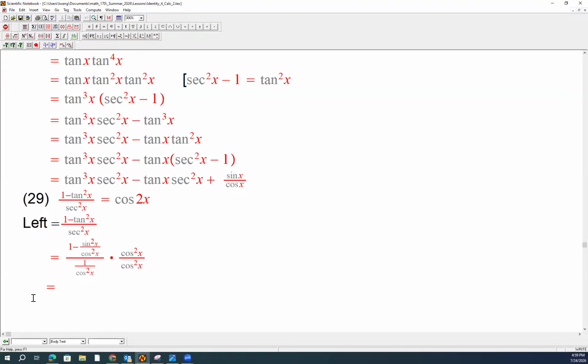We are getting cosine squared of x minus sine squared of x. The denominator is just 1. Cosine squared minus sine squared, that's just cosine 2x. Finish.